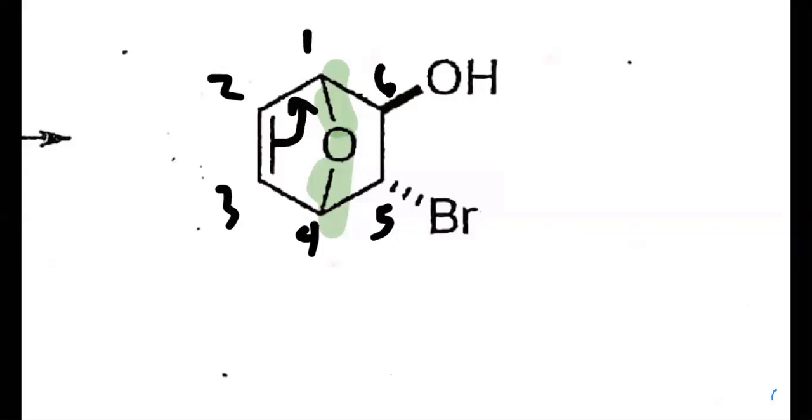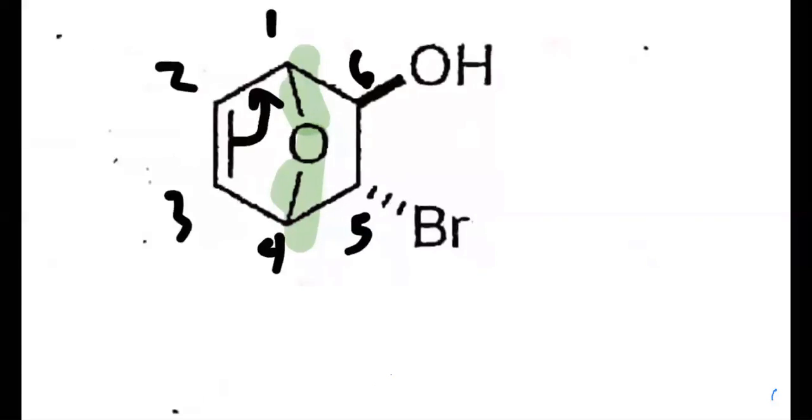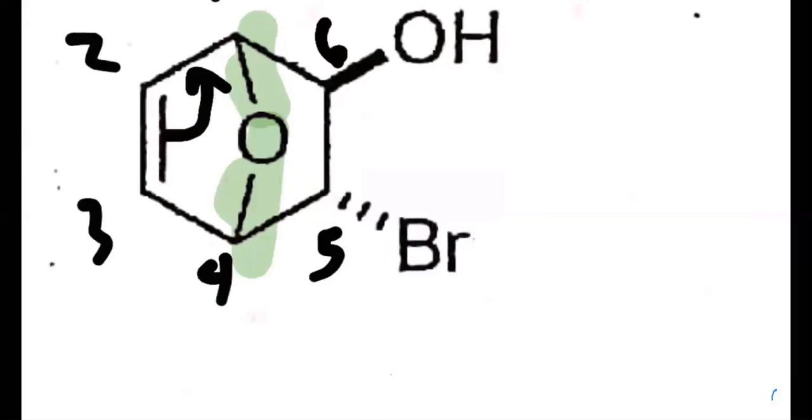So what bonds are we breaking? Are we going to break the bond between 1 and 6? Yeah, 1 and 6 and 4 and 5. That's exactly right. So I'm going to do this, and then I'm going to need to zoom in so I can get into that little crevice. I'm going to take this and put it here.